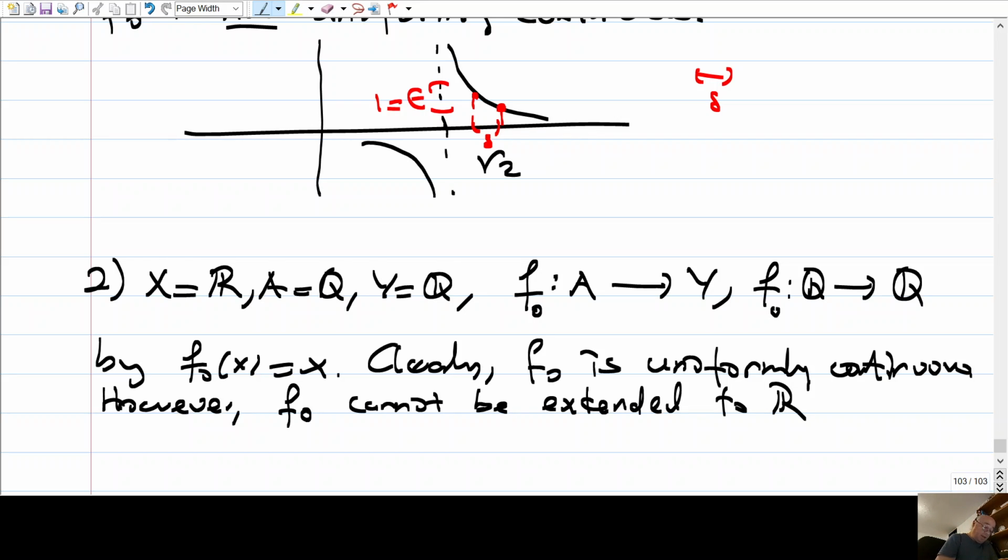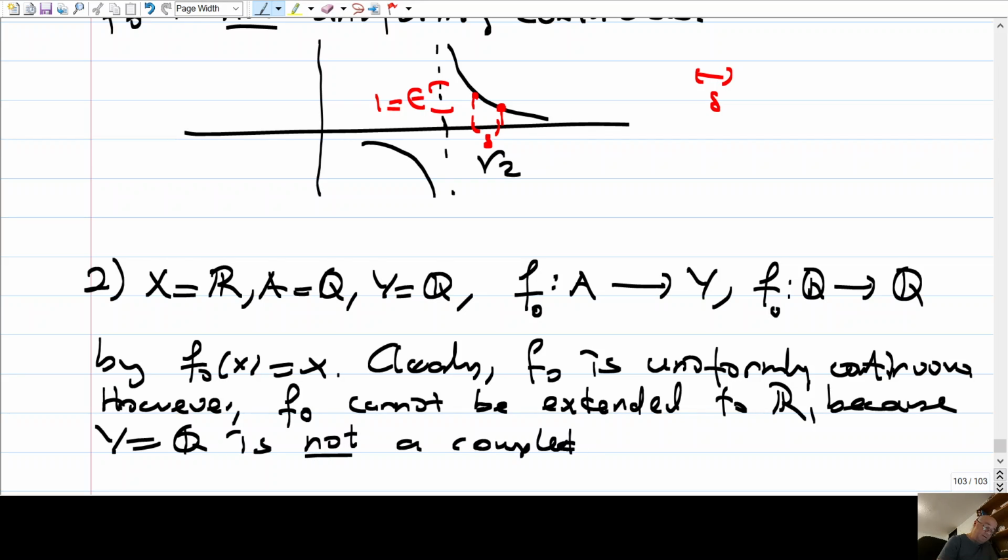And the reason actually is the following. I said there is no room for irrational numbers here, and the reason is that Q is not complete, okay? Because Y, which is Q, is not a complete metric space.